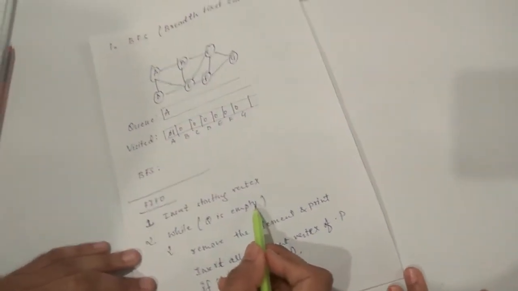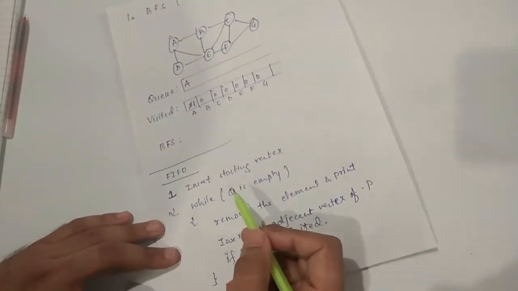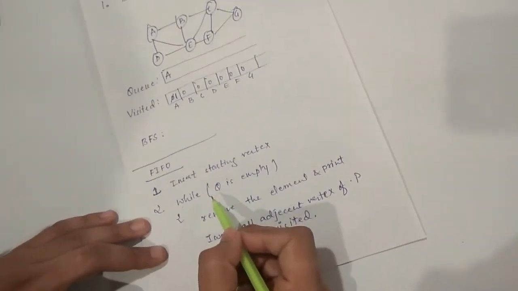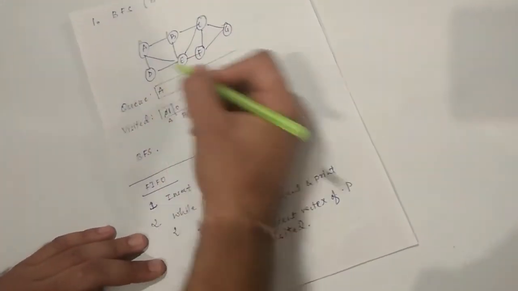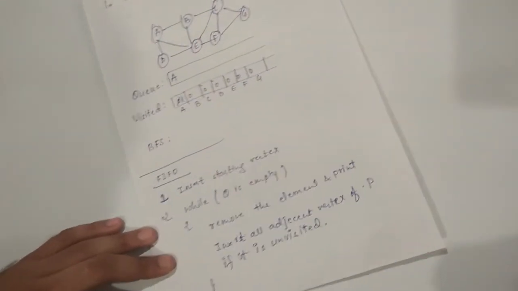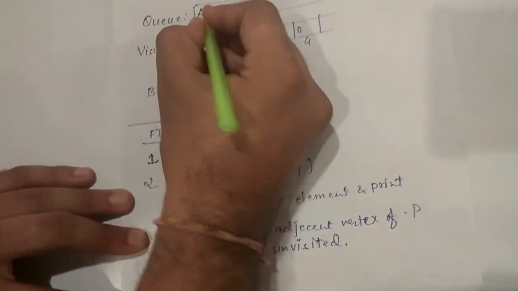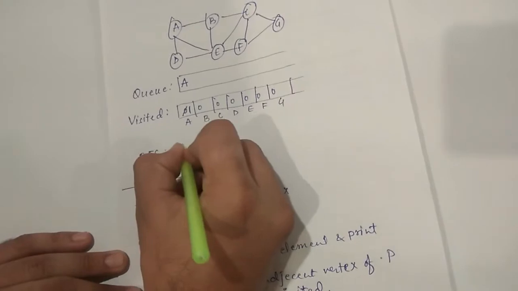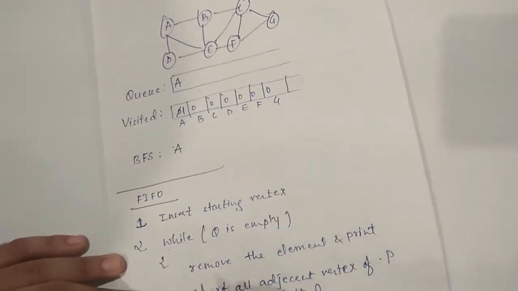Next, while the queue is not empty. Currently your queue is not empty, so you need to move inside the loop, remove the element and print. So A is removed, and I am printing it in the BFS traversal.